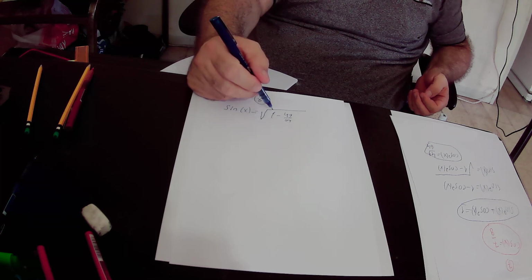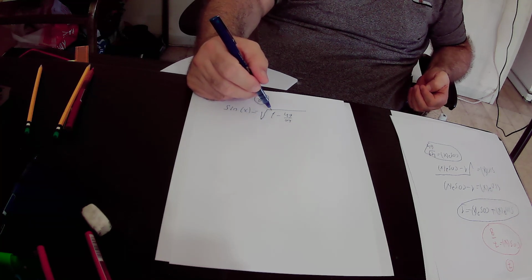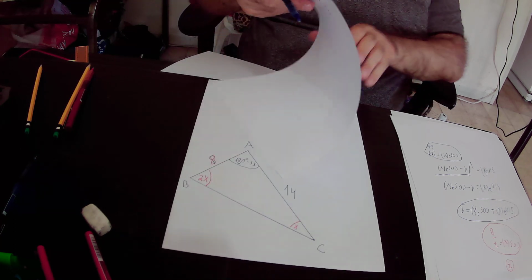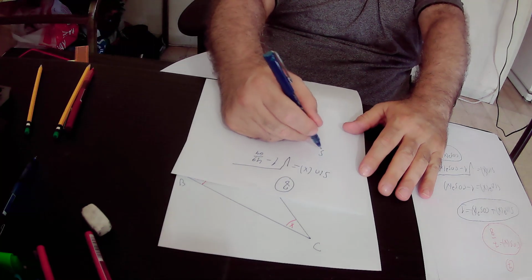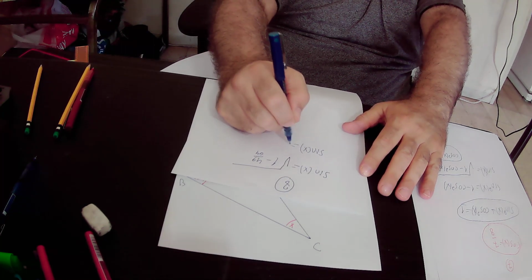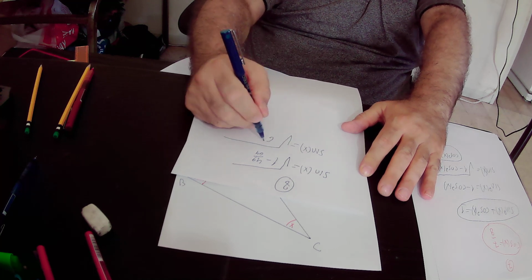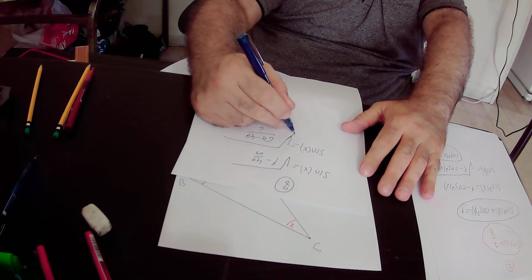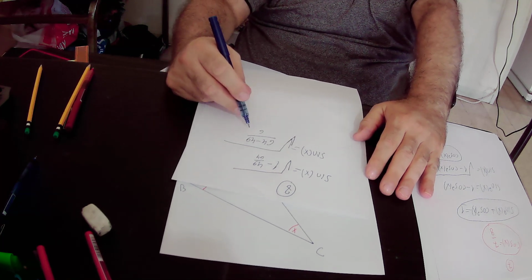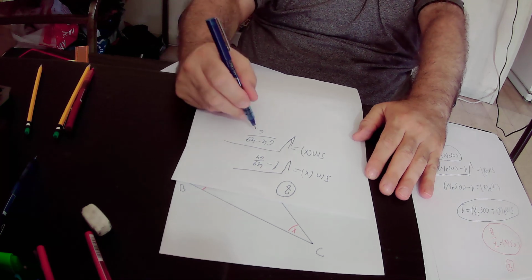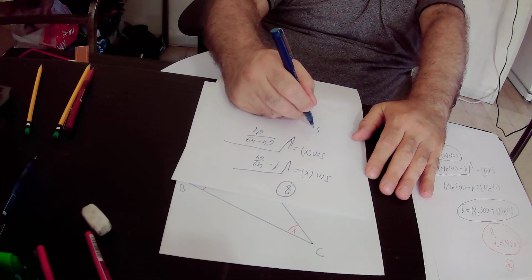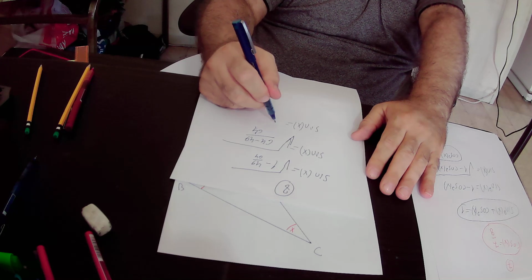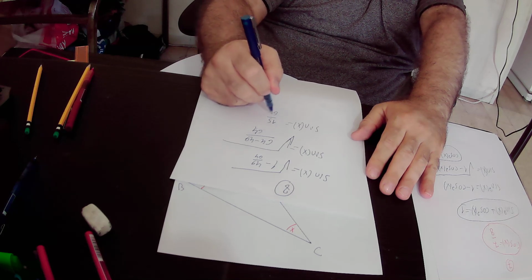Here, instead of 1, we will write 64 over 64. So we will get that sine x equals the root of 64 minus 49 over 64. 64 minus 49 is 15. So sine x equals the root of 15 over 64.